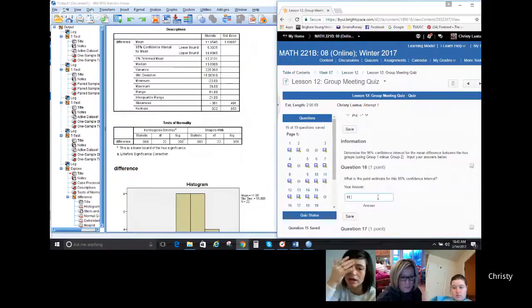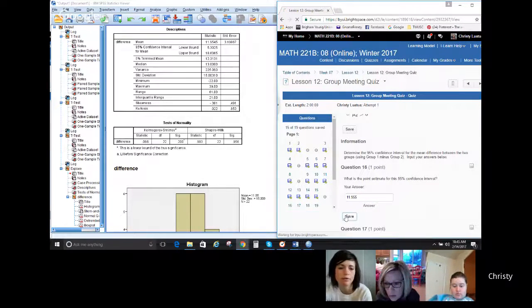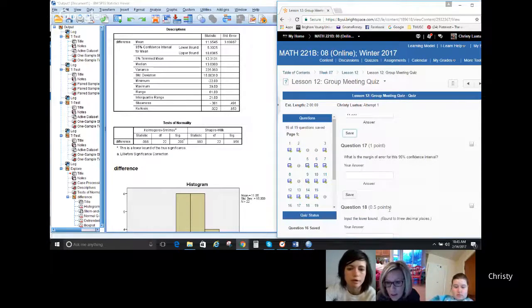It's usually to the third, right? Yeah, 955. Where are you getting 955 from? That top one? Okay, I was just looking at the histogram. Okay, 11.955.